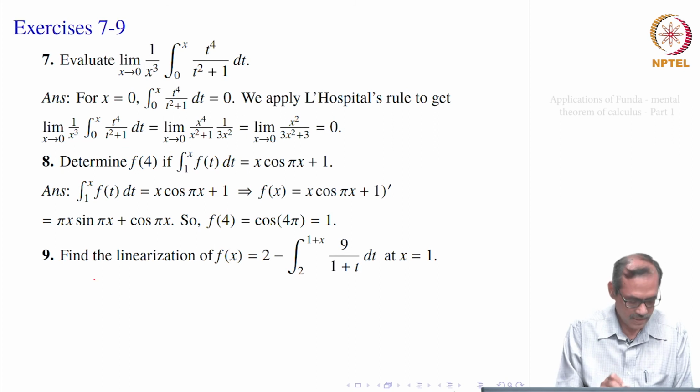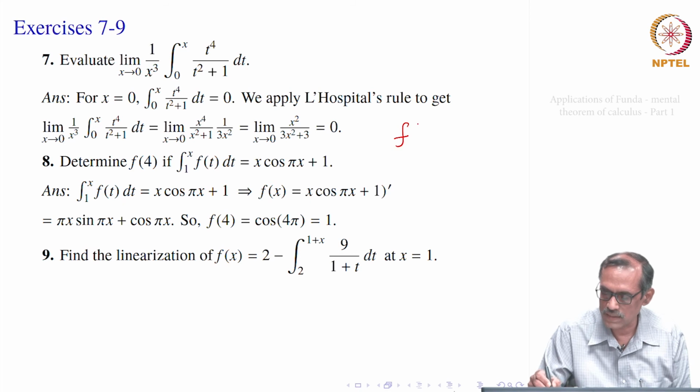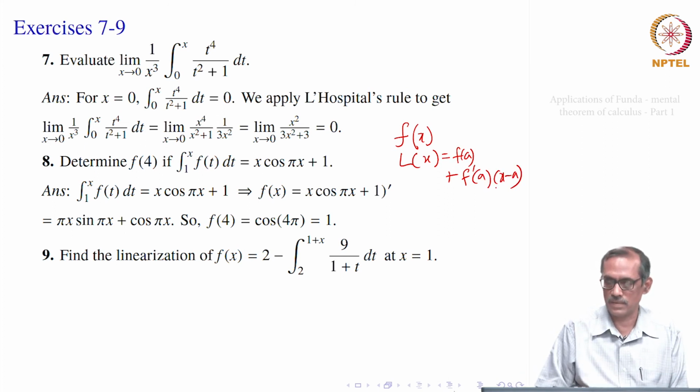Here in the next problem, we want to find the linearization of a function. Okay. So, linearization of a function at x equal to a would be written as L of x, and that is equal to f of a plus f prime at a into x minus a. That was our linearization.